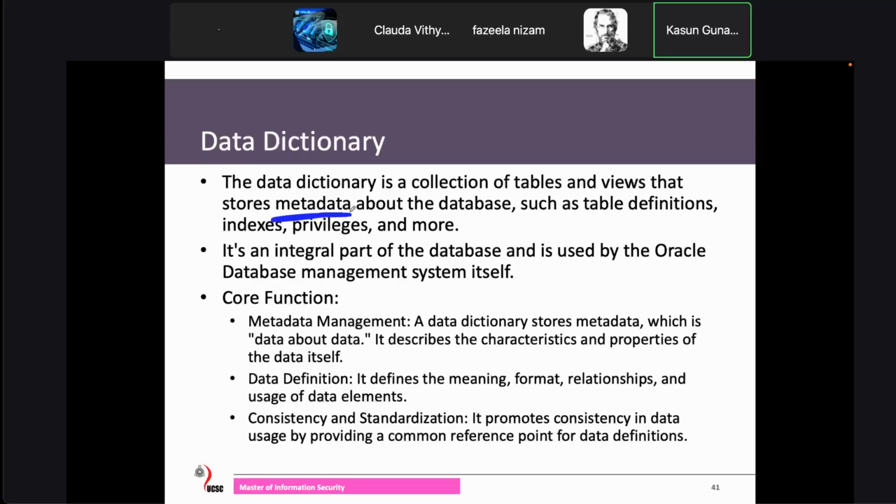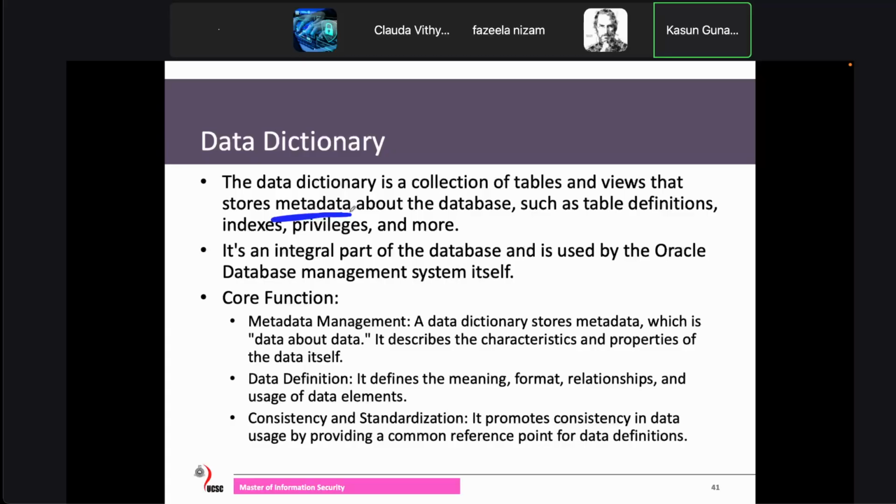For example, let's say you create a database table for storing employee data. You will be interacting with this table: you will store employee data, you will delete, you will update. However, the database management system needs to know what this employee data is, right?